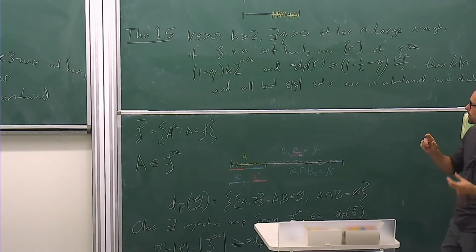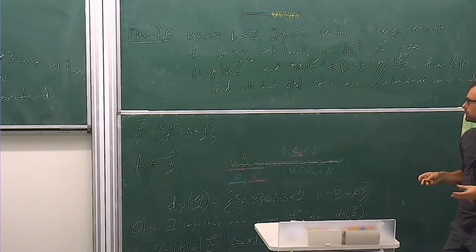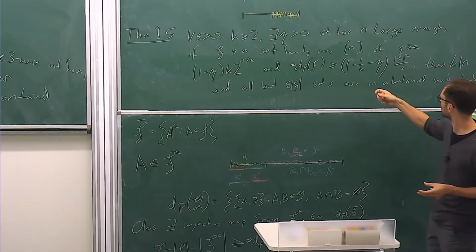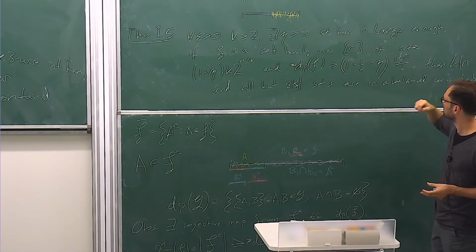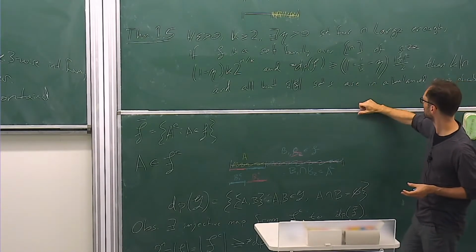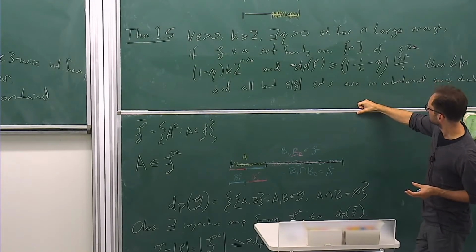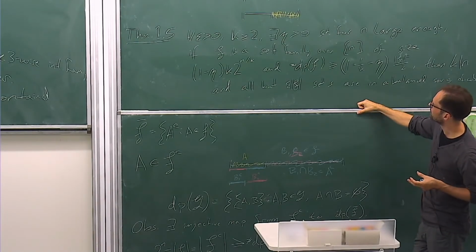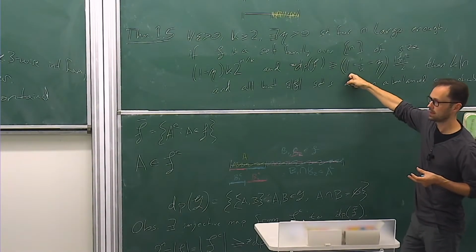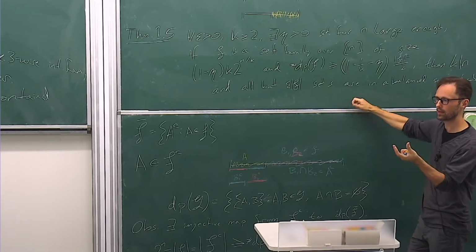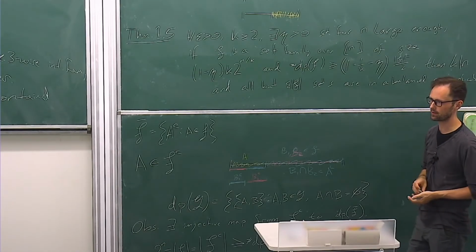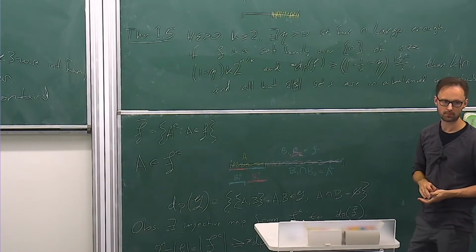So the number of pairs that are disjoint is going to be a 1 minus 1 over k fraction. If you choose one, there's a 1 over k chance that the next one lands inside the same cube.